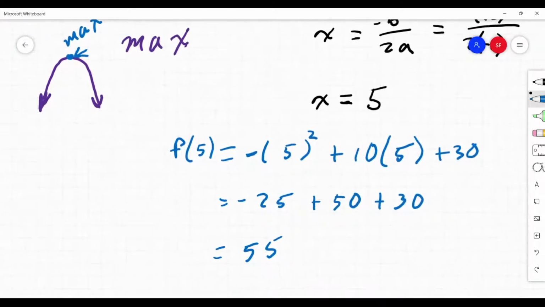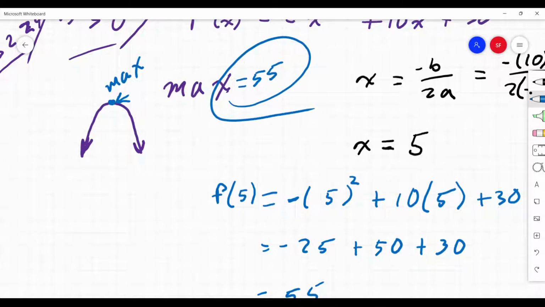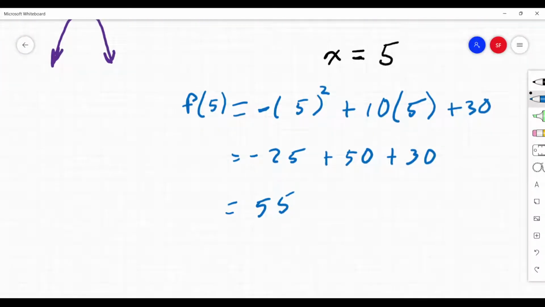So the max, in fact, is 55. Oh, that's not a negative 25 because 5... Yes, it is. The negative is not. The negative is out here, on the outside of it. Oh, 5. It's on the outside, so the 5 is squared underneath. 5 times 5, negative. Yes.